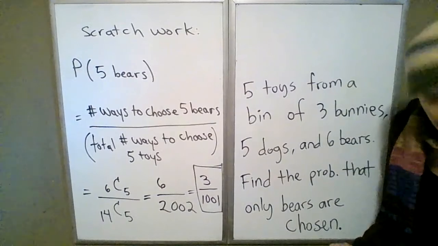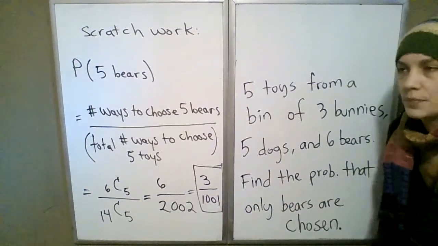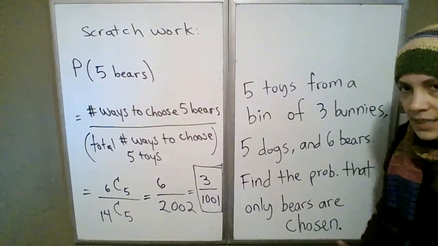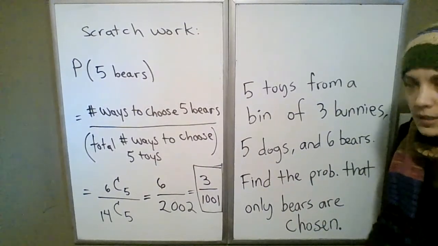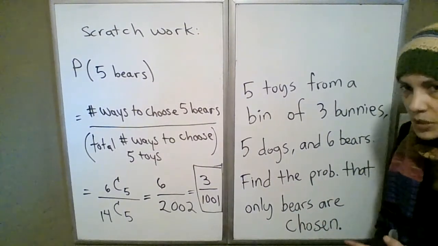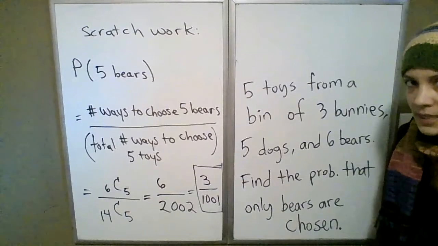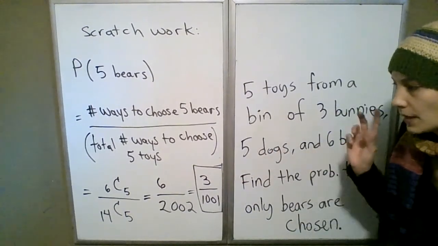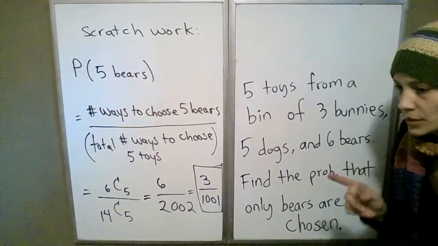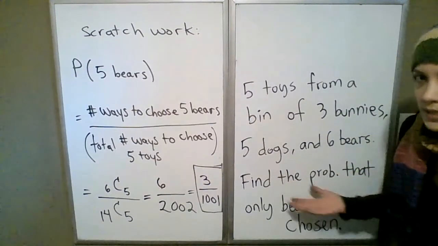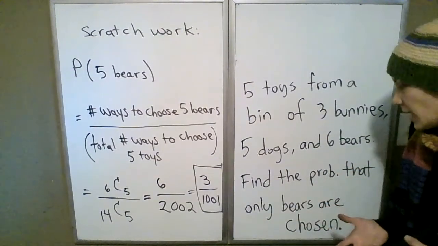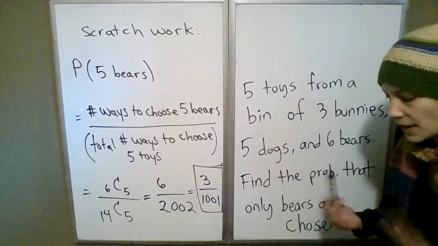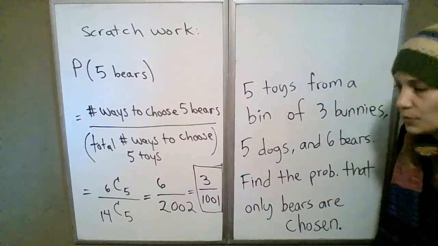So today, just to wrap up what our goals were, we took the counting techniques of the multiplication rule, permutations, and combinations, and used those counting techniques to find probabilities. The first few questions were to help you with your homework. These other few questions were to give you a feel for how to use combinations and how to find the probabilities. We'll keep practicing next week.